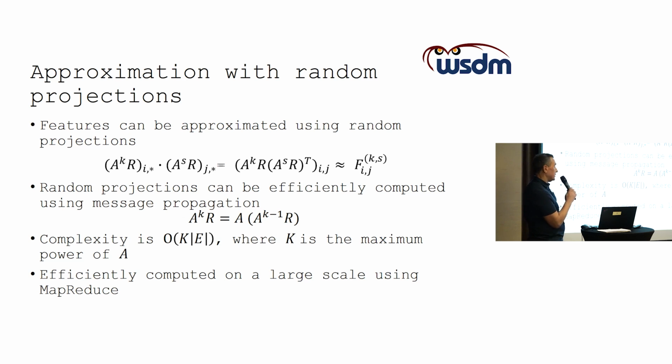This is all well-known work: FastRP and RandNE deal with random projections in the case of large graphs, and RandNE, I think, very large graphs. So that is not really a new property of random projection, but that's what we utilized.